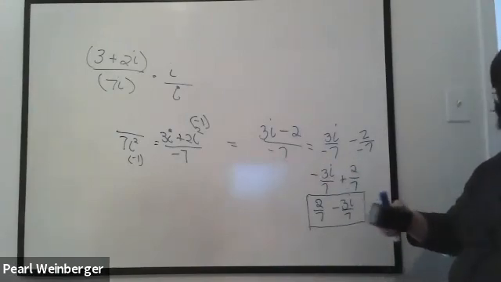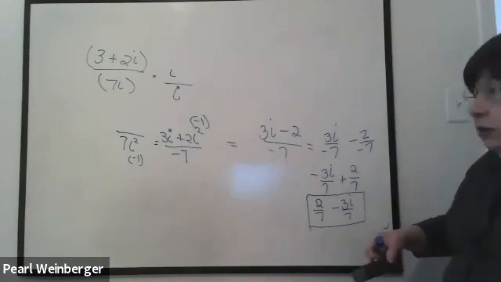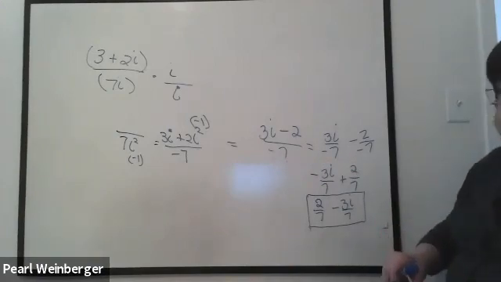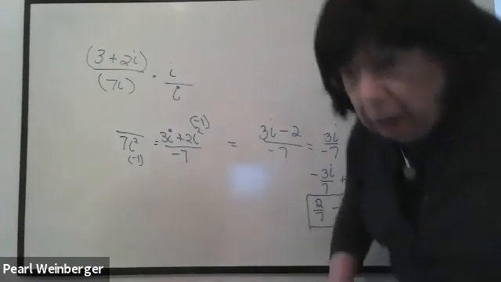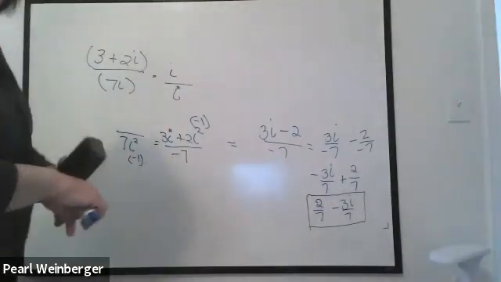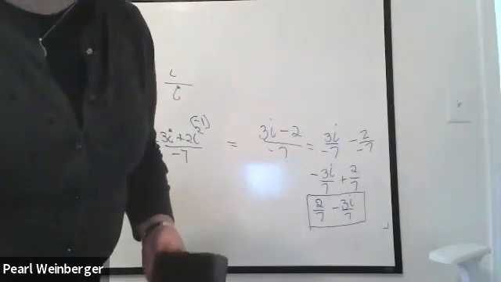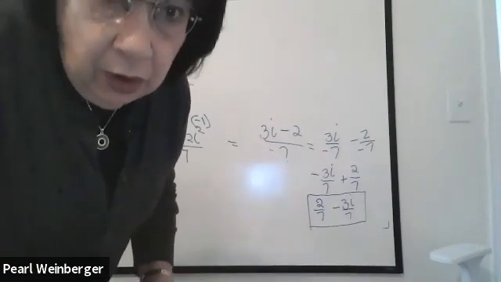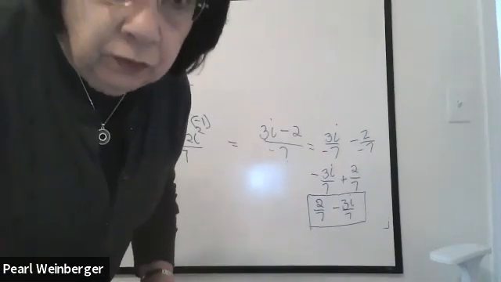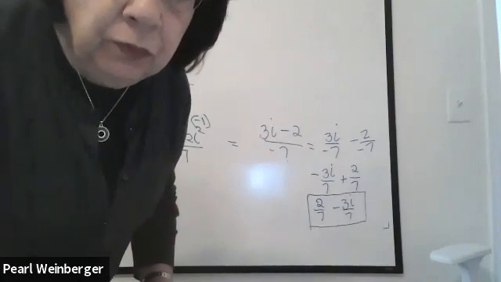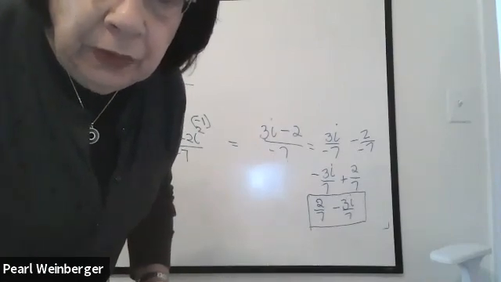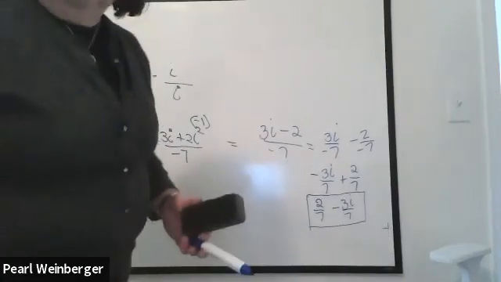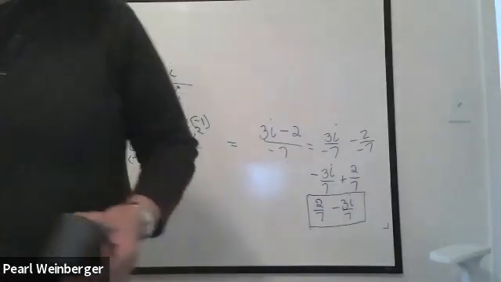Now, I'm going to do one other problem and then I'll let you go. What would happen if you had a binomial in the denominator? What if I had something like this?